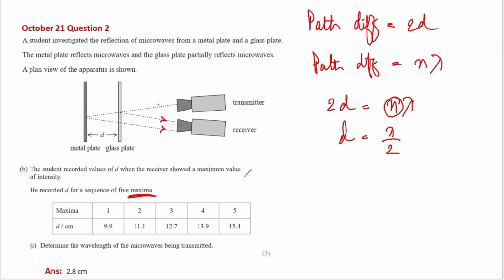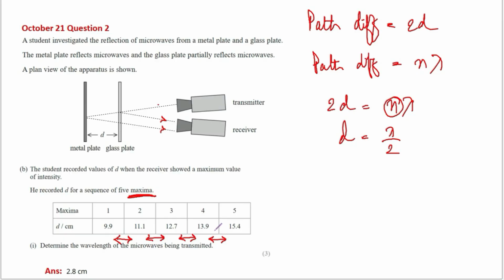And this distance is the difference between the maxima. So you find out this difference between the maxima, this difference, and finally this difference. And you take the mean value, of course. So this is 1, 2, 3, 4.